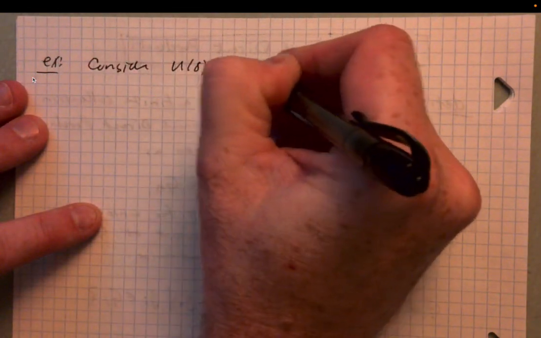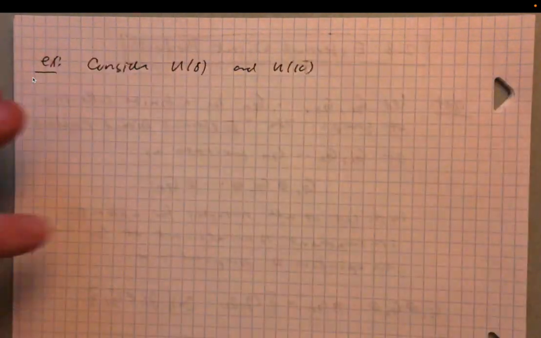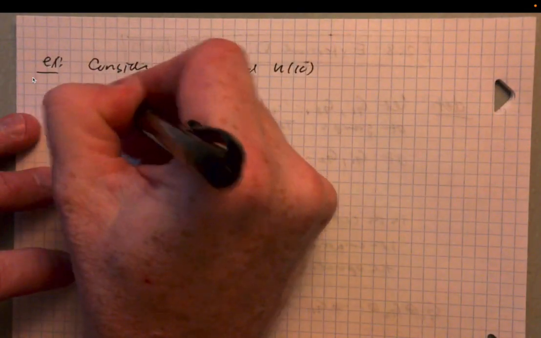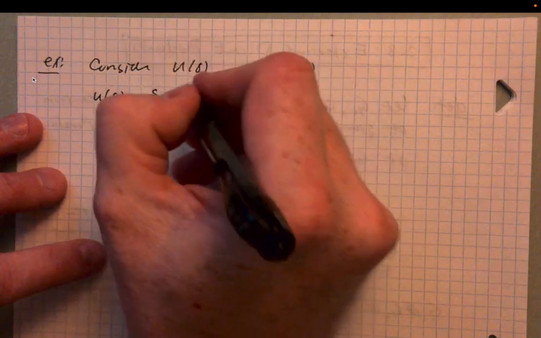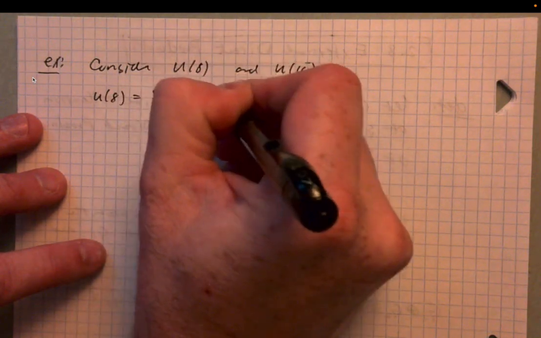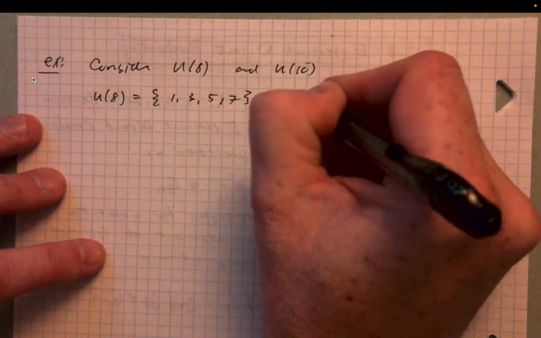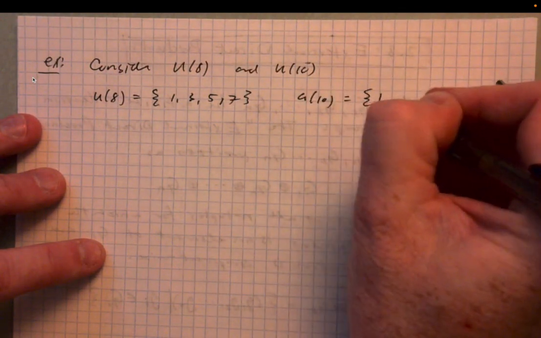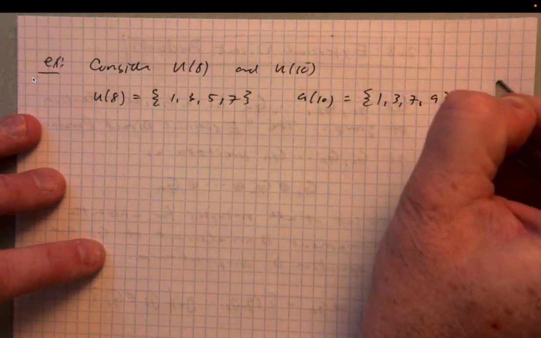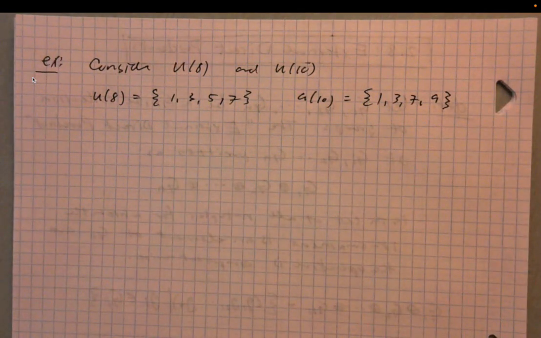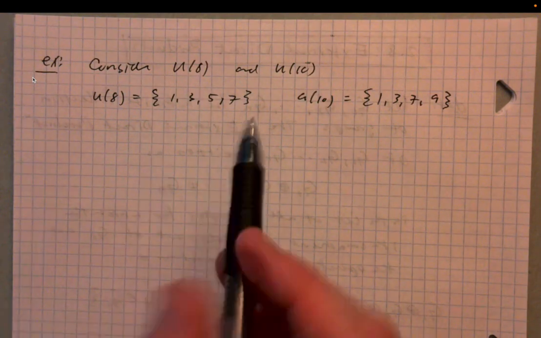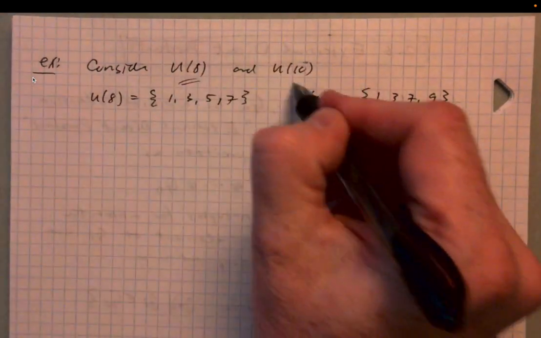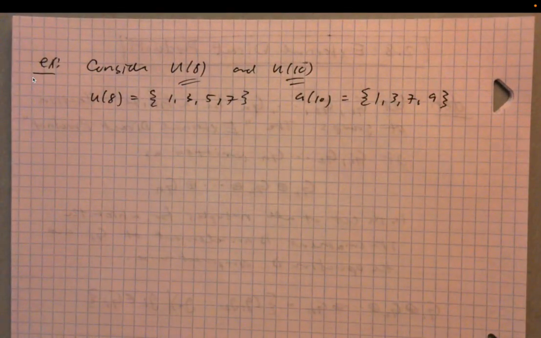U8 and U10. Now U8, remember, is the elements 1, 3, 5, and 7. And U10 was 1, 3, 7, and 9. And remember, these are the multiplicative groups, modulo 8 in the case of U8, and modulo 10 in the case of U10.